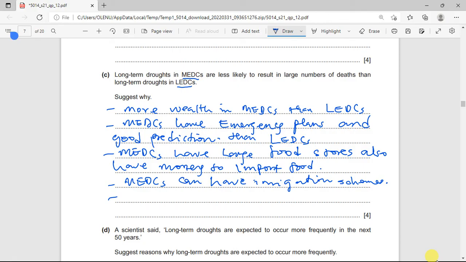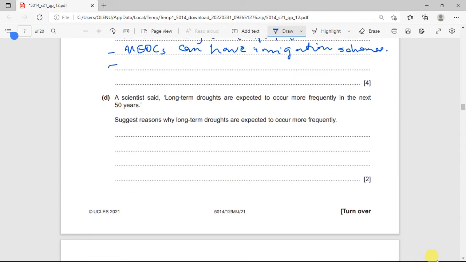So let me see how many points. This is a 4-mark question, so that will give you 4 marks. MEDCs also have better infrastructure, which they can use in transporting food to affected areas.